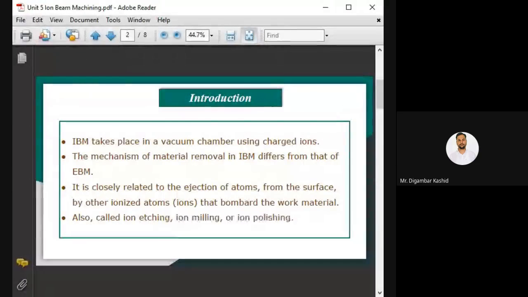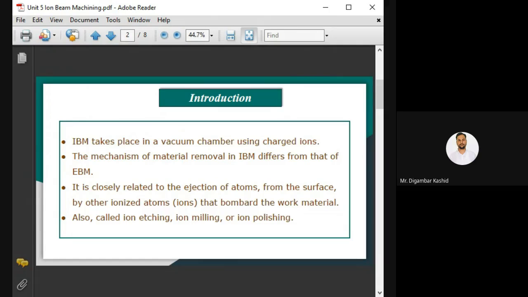And here the mechanism of metal removal in IBM differs from that of EBM, electron beam machining. This IBM process is closely related to the ejection of atoms from your surface by other ionized atoms, that means the ions, that bombard the workpiece metal.